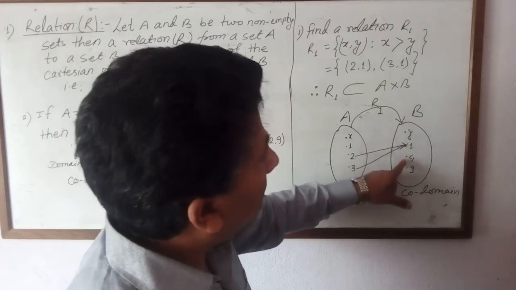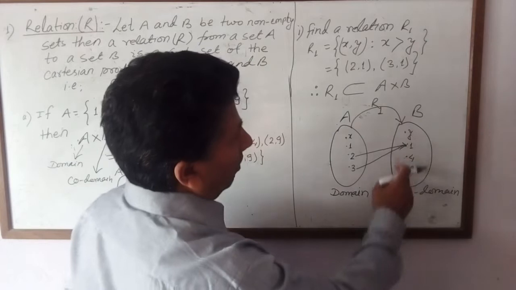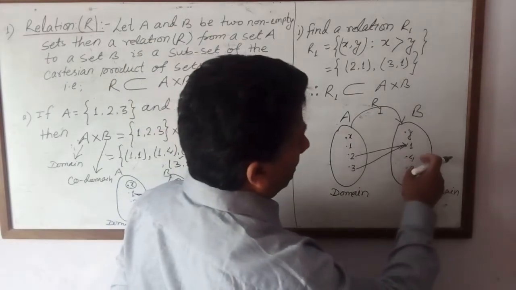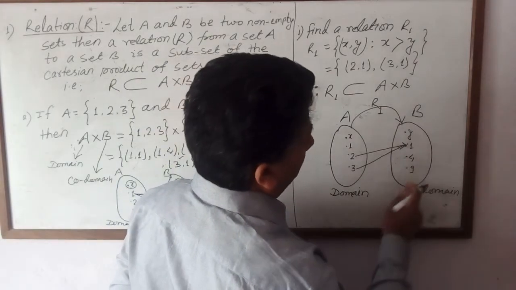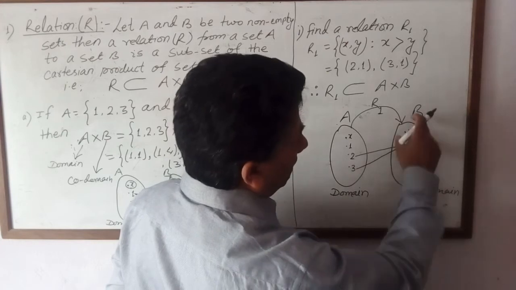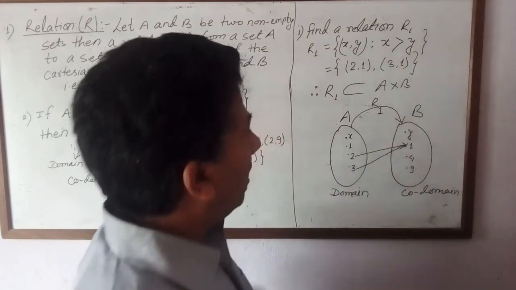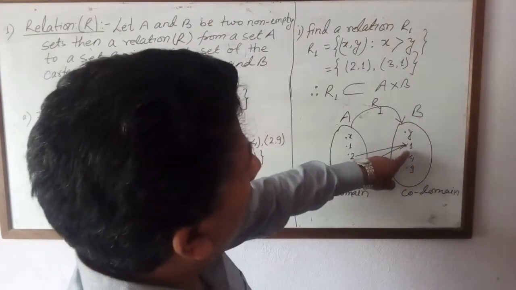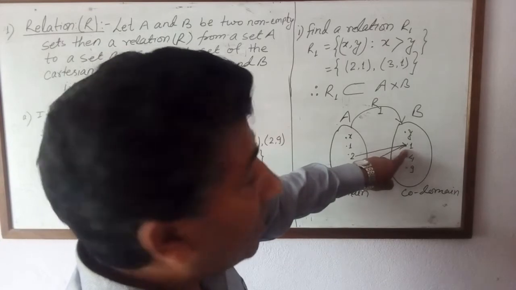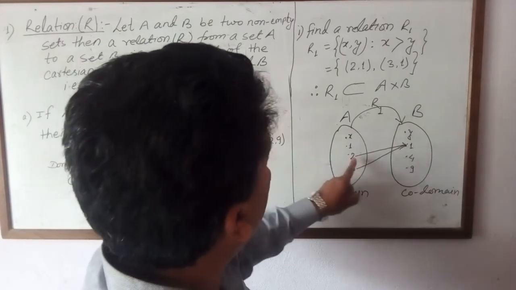But what about this 4 and 9? This 4 and 9, they don't appear. This total set is the codomain. Now inside this codomain, only one element has a pre-image. This one is the image of 2 and 3.